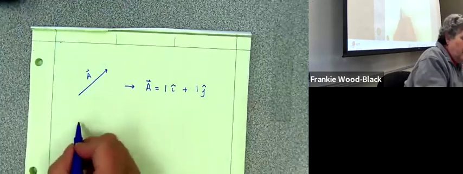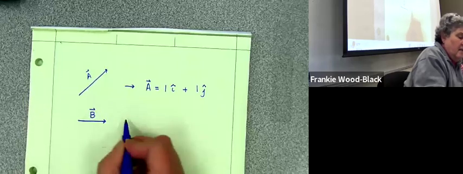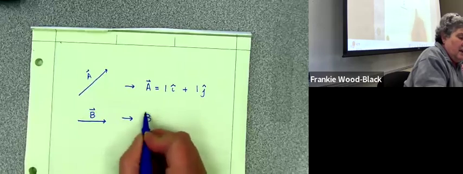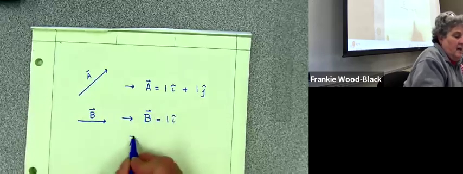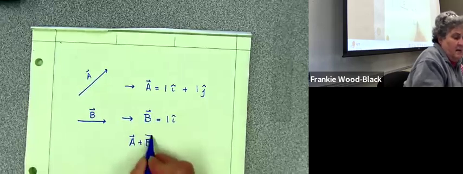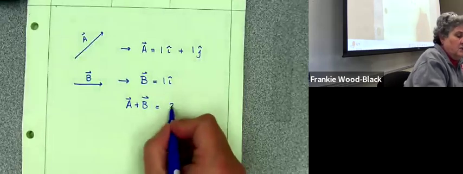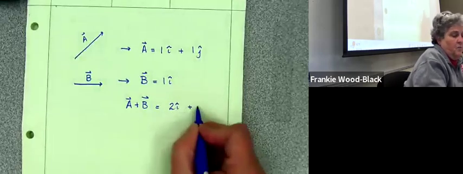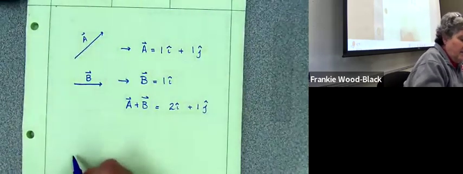And my vector B, we're going to make it like this. This is going to be vector B, and vector B is 1 in the i direction. A plus B, if I do my vector addition, is going to be 2i plus 1j. But remember, I can add my vectors graphically.